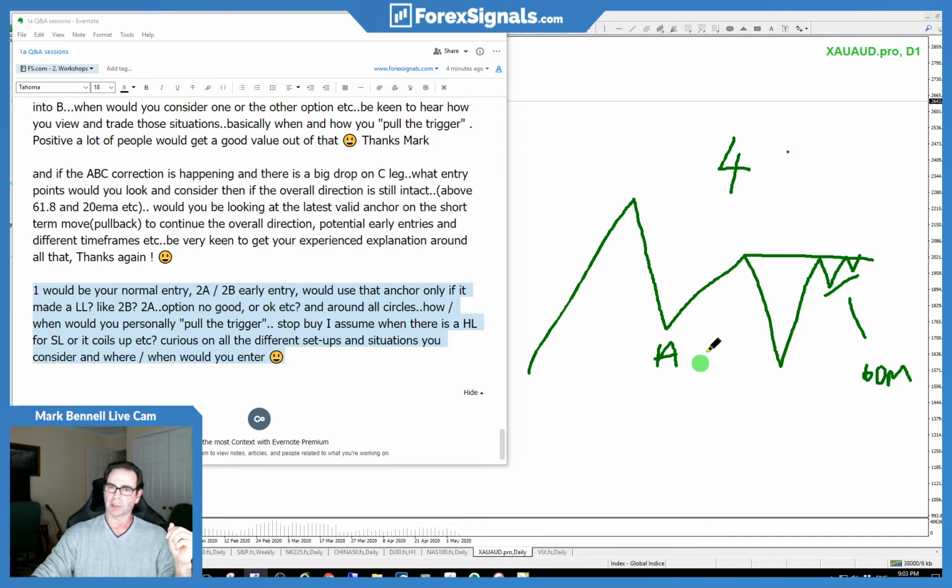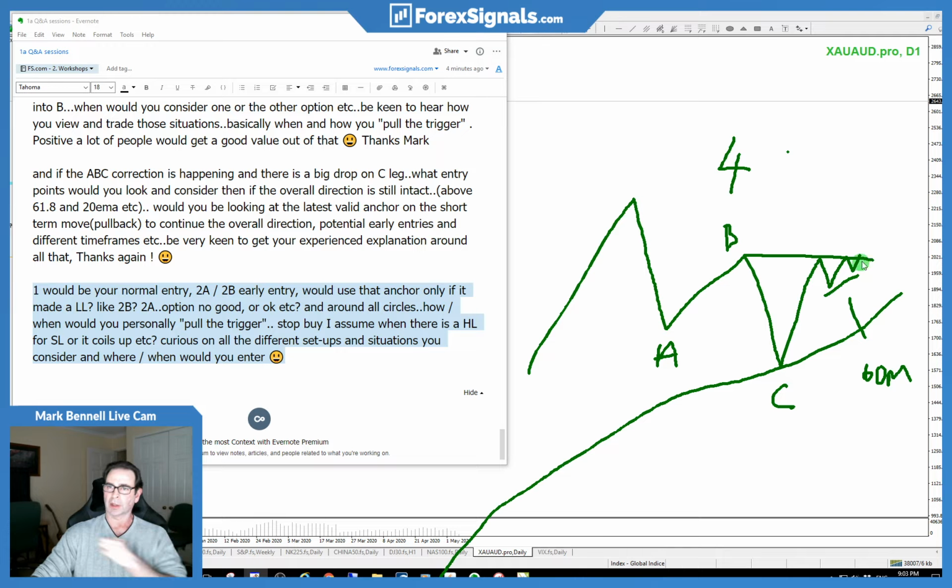And here's our ABC. 20 period coming in here somewhere. Here, take the breakout order, say 5 pips above B. All right, so use a buy stop in that instance.